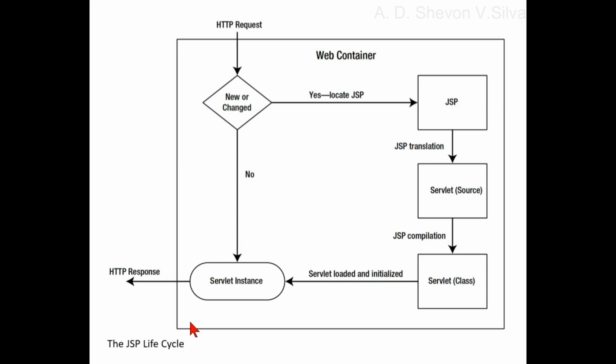All the scriptlets and expressions end up inside this method in the order in which they were declared inside the JSP page. Notice that JSP declarations and directives aren't included inside the method because they apply to the entire page, not to a single request, and therefore exist outside the method. The _jspService method may not be overridden in the JSP page.